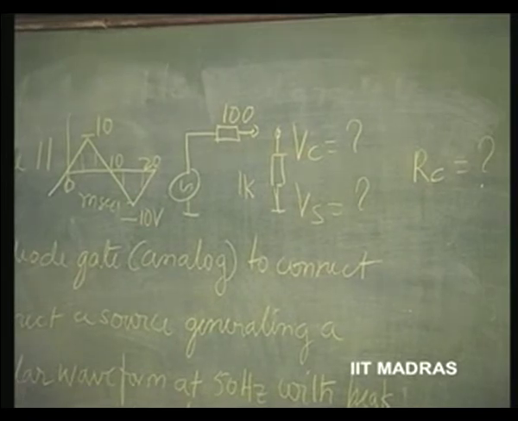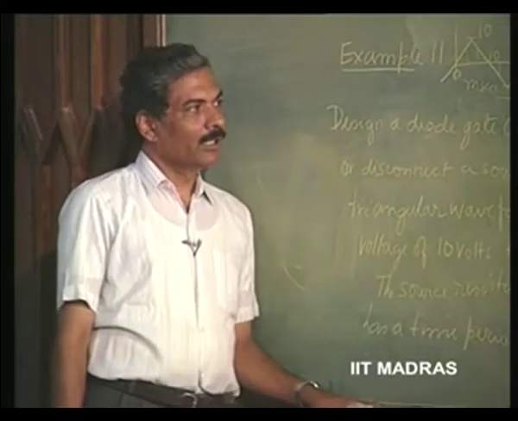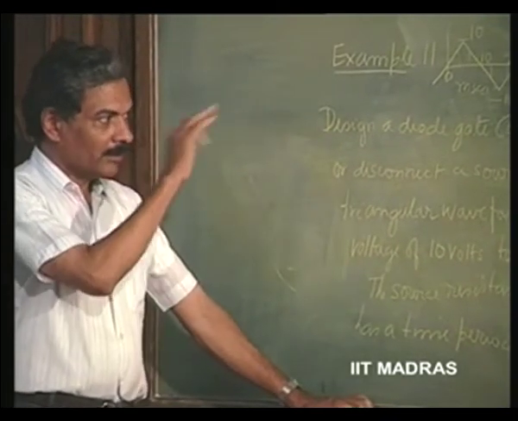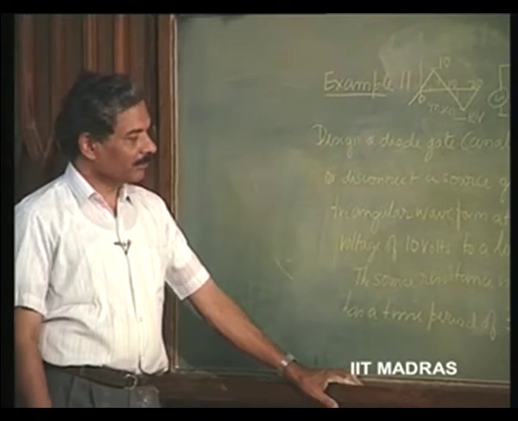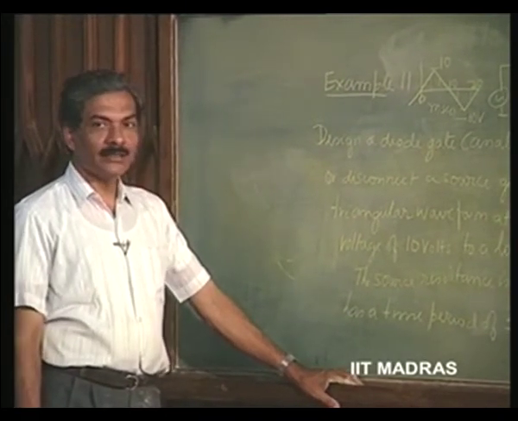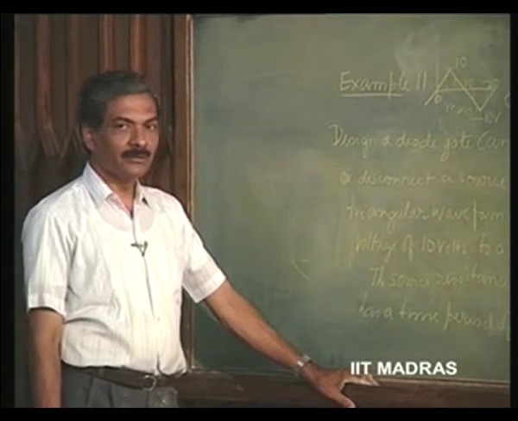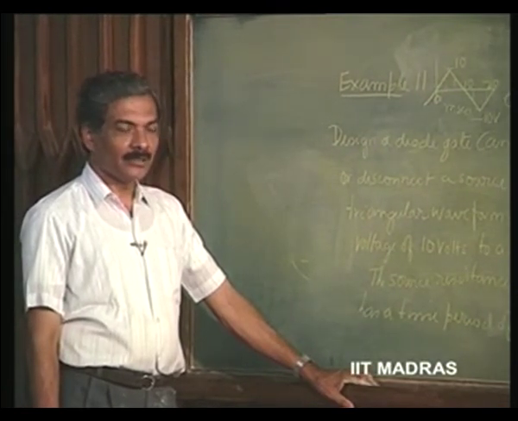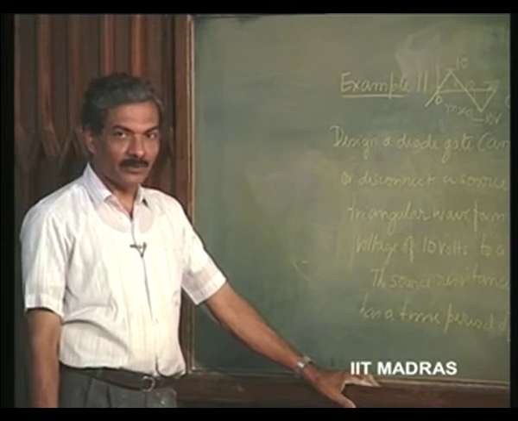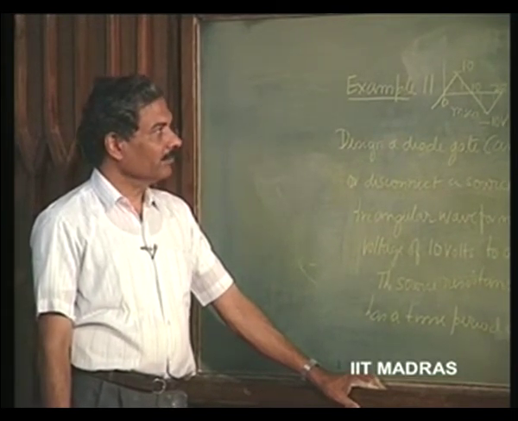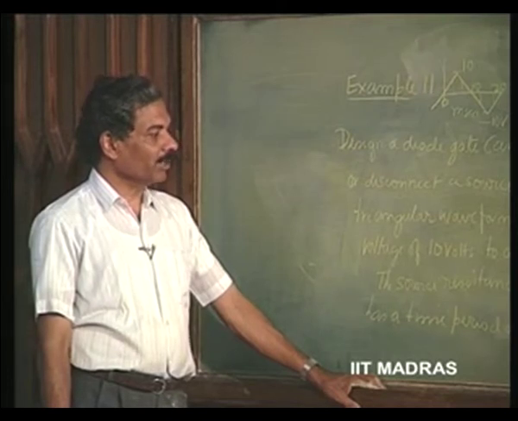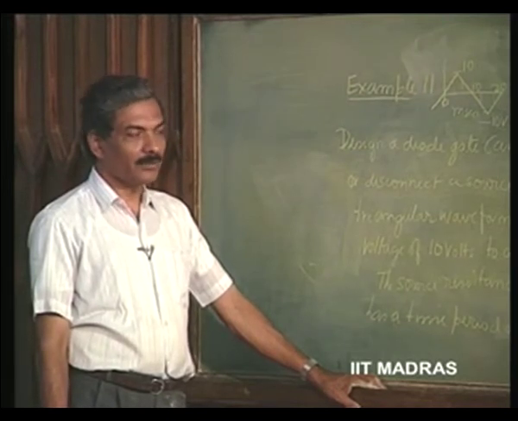I have told you how this problem can be depicted. Now, in the next class we will work this out, and you can think about how to solve this. Come out with your own solution. We will see how this problem can be completely worked out.